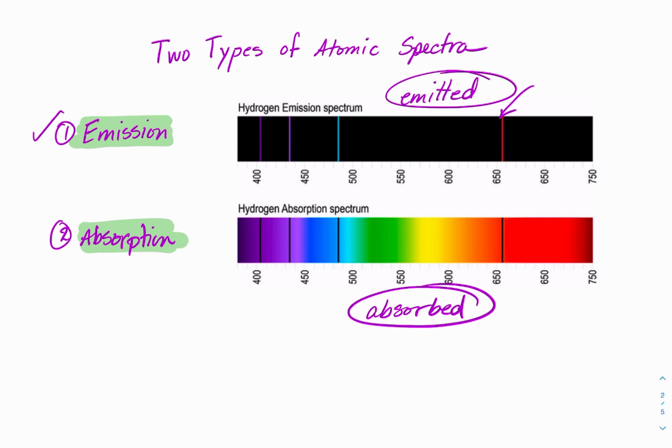And so 656 nanometers is the red line in the emission spectrum of hydrogen. And I just noticed that there is a typo here. This should be 700 nanometers. Right there. Okay.